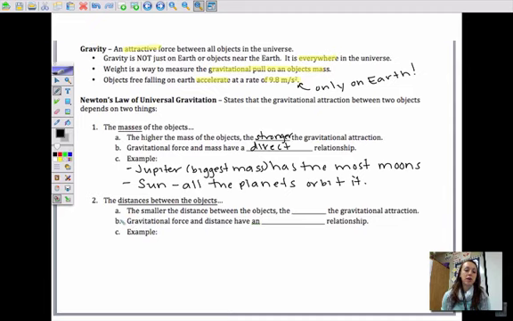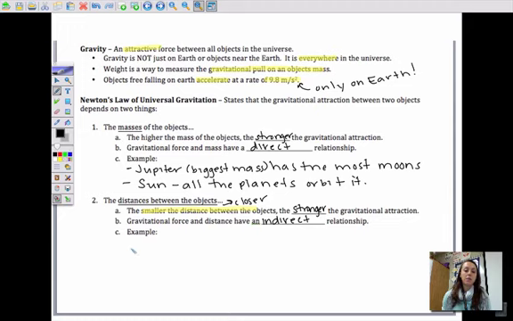Now, the distance between objects is the other thing that Newton's law of universal gravitation depends on. So the smaller the distance between the objects, this is just a really long way of saying the closer the objects, the stronger the gravitational attraction. So gravitational force and distance have an indirect relationship.